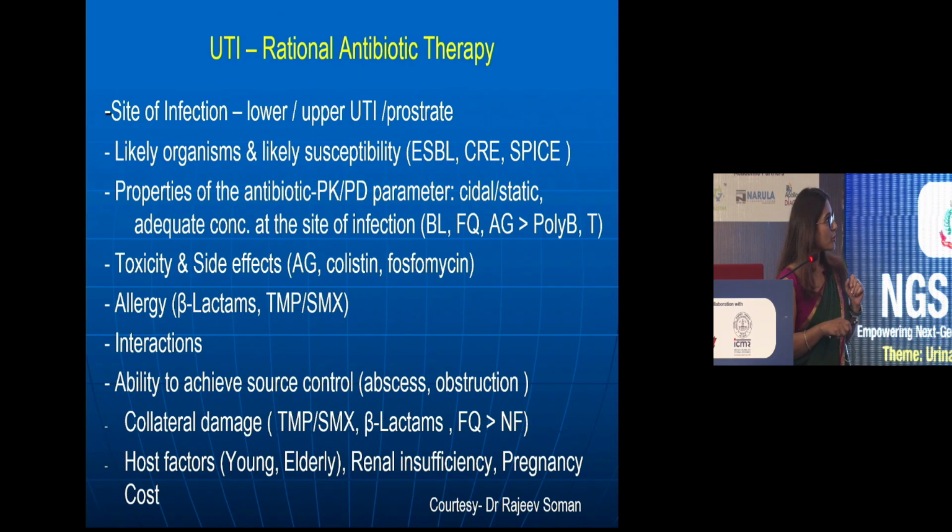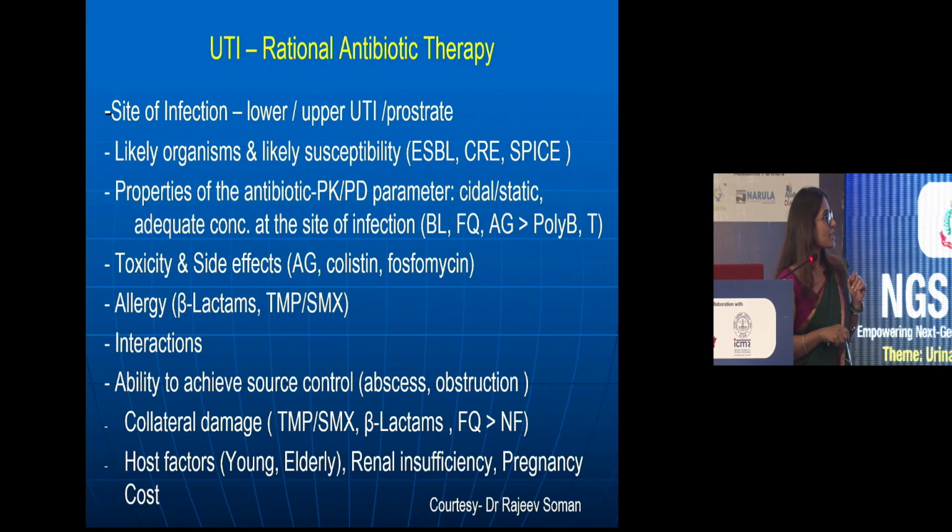For lower UTI, we can go for nitrofurantoin. However, if there is pyelonephritis, then nitrofurantoin cannot be used, and nitrofurantoin again will not have good penetration into the prostate, and hence it will not be a good option.